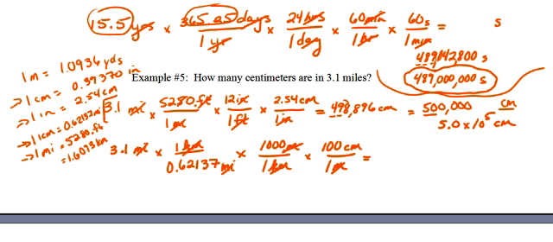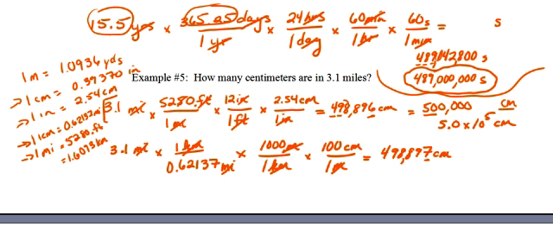So it's going to be 3.1 times 1 divided by 0.62137 times 1,000 times 100, and I'm getting 498,897 centimeters.